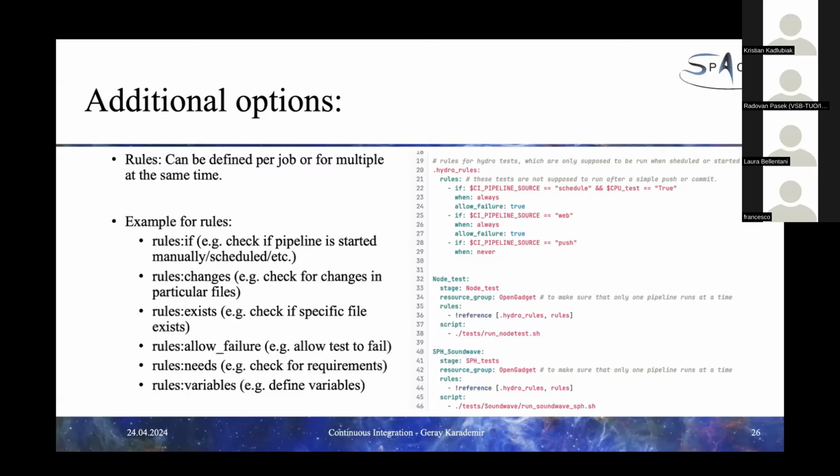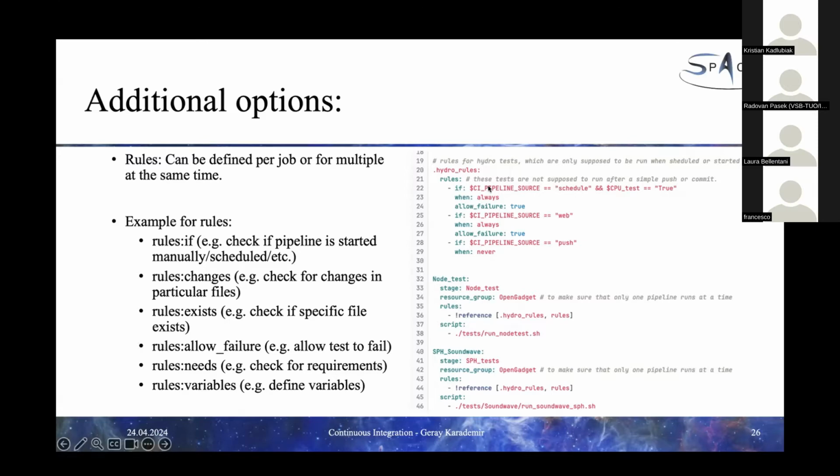As you have already seen here, I put these statements not in the tests, but up into some extra rules. And this is very handy, because sometimes you have jobs which all require the same rules, and then you don't have to put this block into every job. You can define these rules outside of it. So in these rules, you can do the if statements.